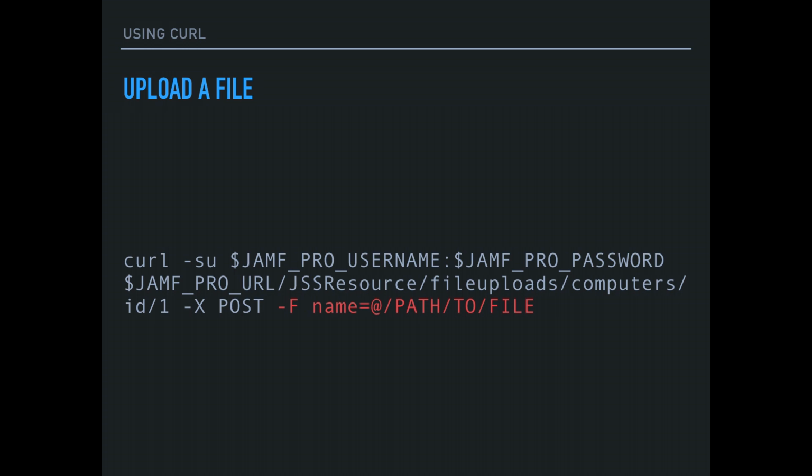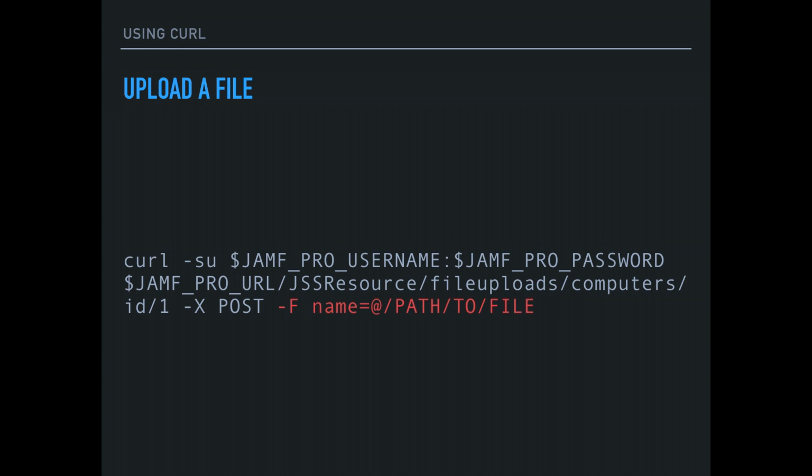Bryson, do you know why we need the @ sign in this particular command? I never could find that out. It has to do with the fact that you're actually referencing a file path. Because what you're doing with that -F is starting a multi-part form encoded request.